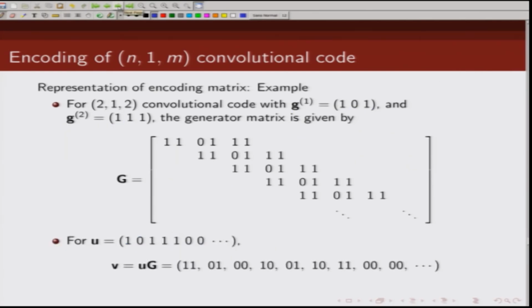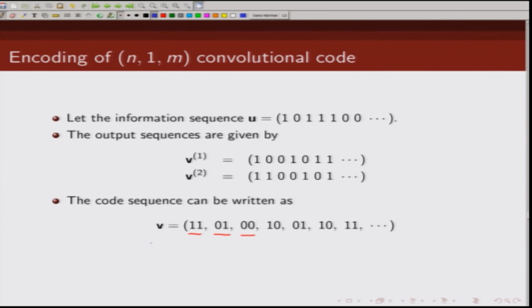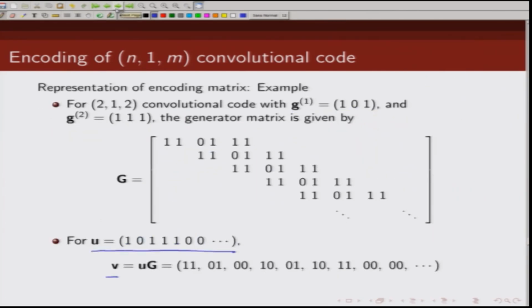Now let us verify our coded sequence that we calculated last time. The coded sequence corresponding to this information sequence was given by this. Now, let us try using this generator matrix. If we use the generator matrix, then our first input is 1. So 1 times G0, that is this. The next input is 0.